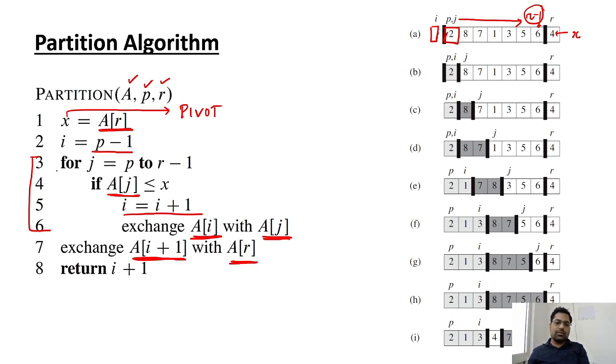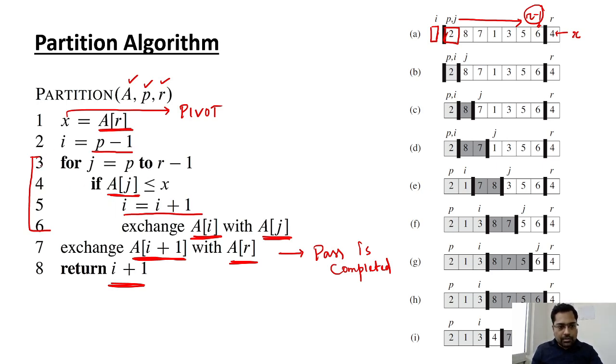Once this portion is done, we must say a pass is completed, and after that we will return i plus 1. We will just go through the example, which will be very understandable for getting the proper idea of how it is being done.